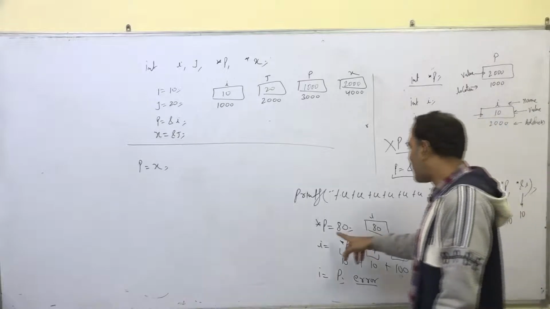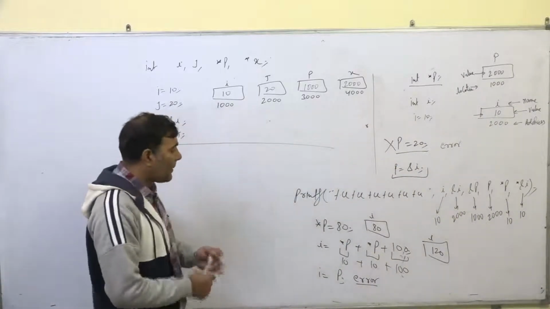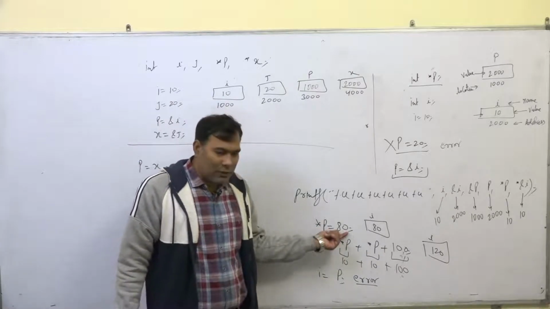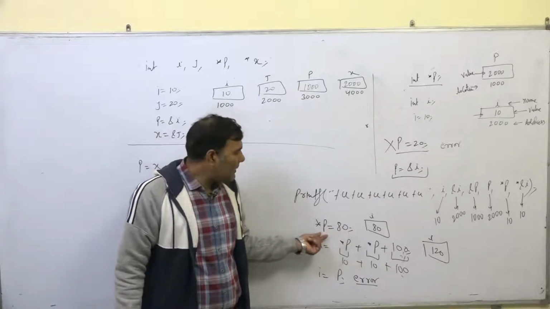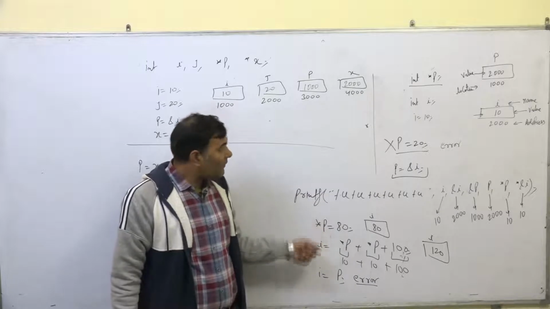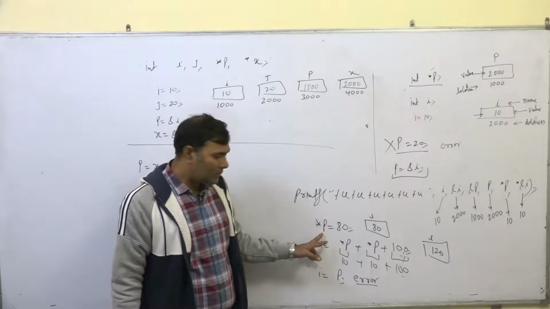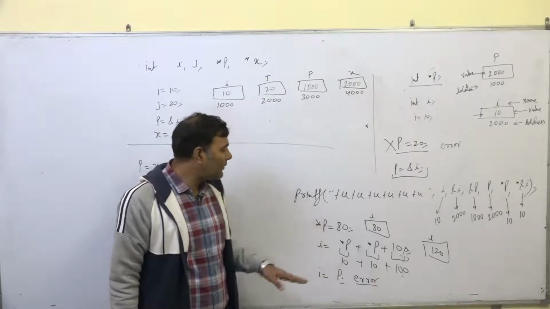Now if someone says pointer P equal to 80, what is the meaning of this? So 80 is going to be stored where? P means 2000. Pointer means value at 2000 equal to 80.